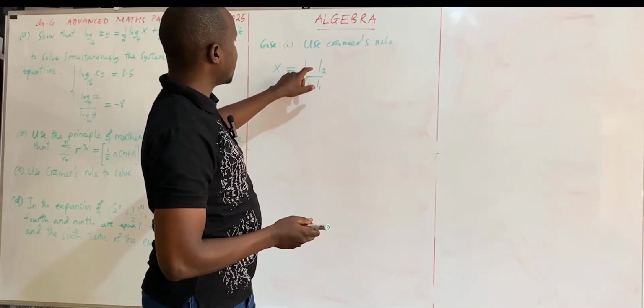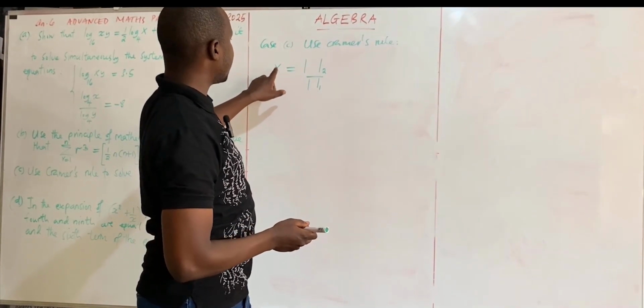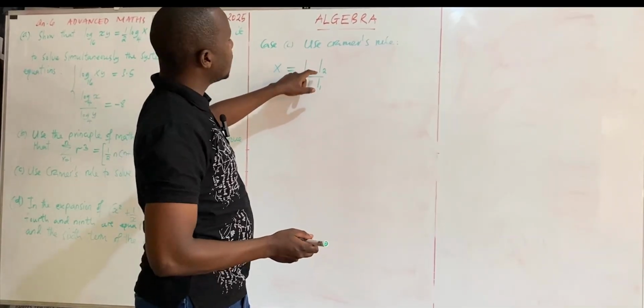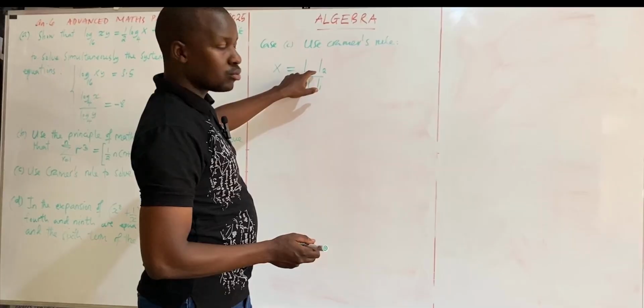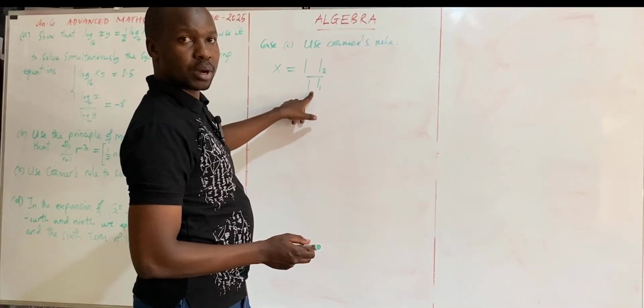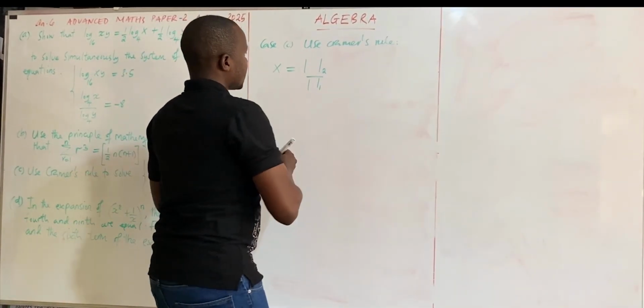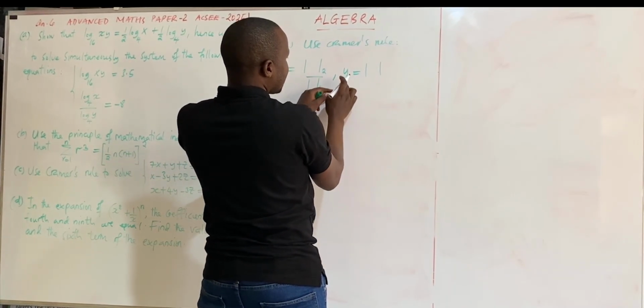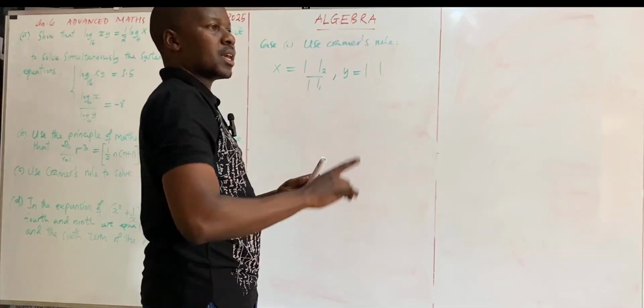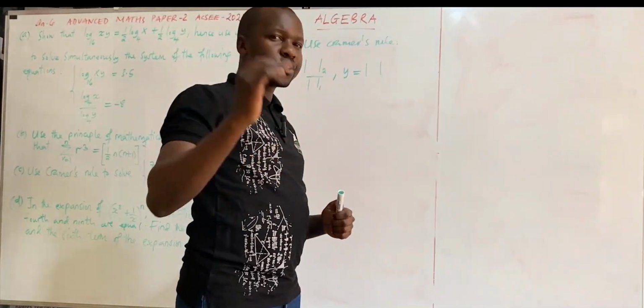When we take the new determinant, after replacing the values of x by the constants, we have the new matrix where we obtain its determinant 2. Now we divide by the determinant 1. We get the value of x. But also y, it means the same thing. We replace all values of y in that matrix with the constants, the values after the equal sign.